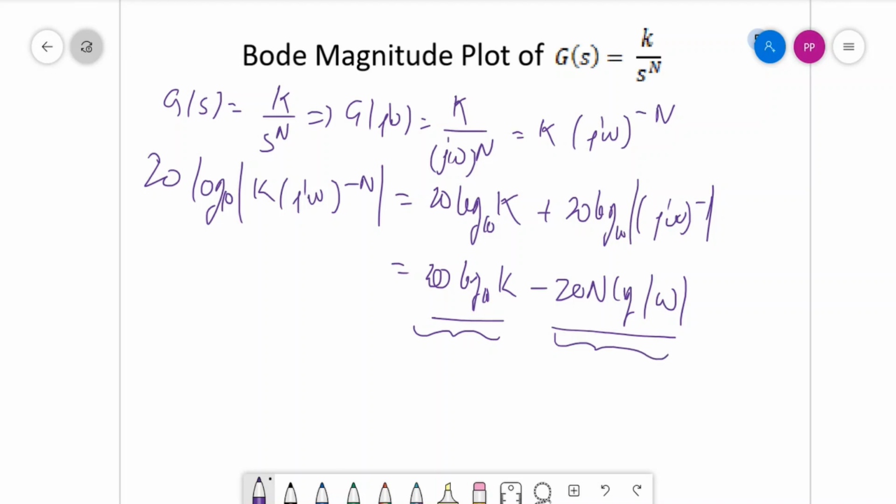Because the contribution in the phase for k is 0, this will give you a slope of 0 per decade, and once you reach the corner frequency, you will get a slope of minus 20n. Let us see how.